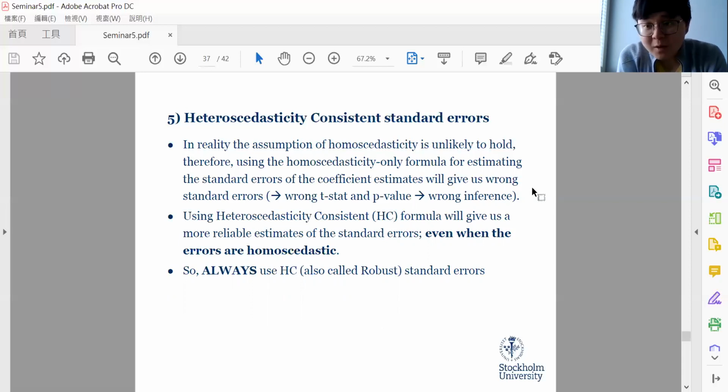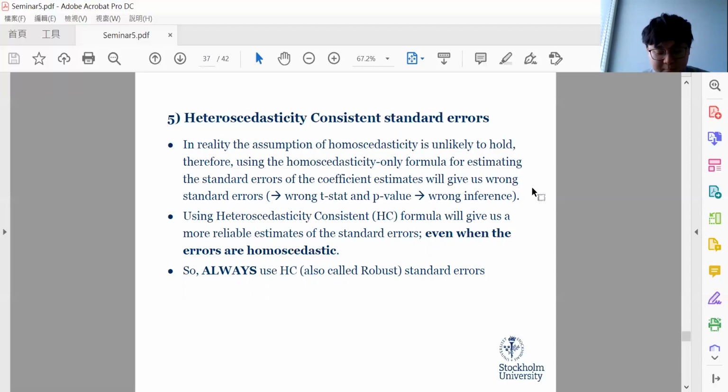I would recommend you always put robust after your regression, even in your term paper, because in reality the assumption of heteroscedasticity is much more likely to hold compared to homoscedasticity.